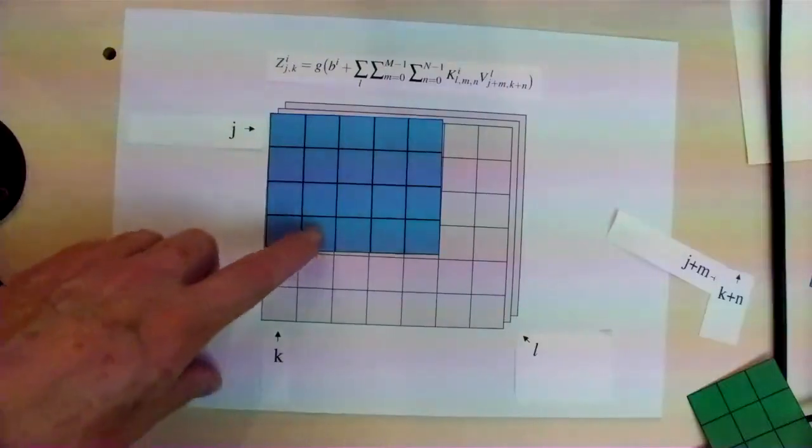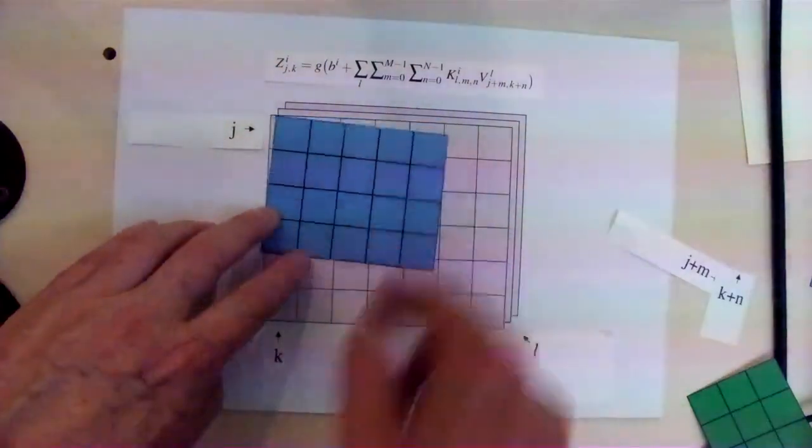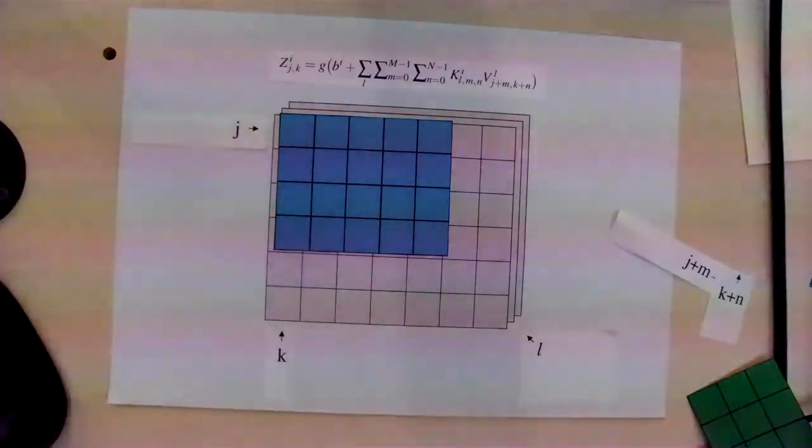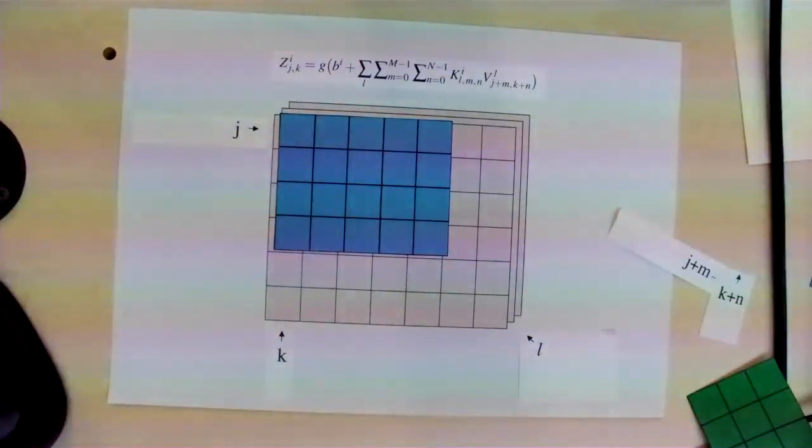The pink thing is the input, this blue thing is the first hidden layer. So the neurons in the hidden layer are also arranged in a rectangular grid like this.